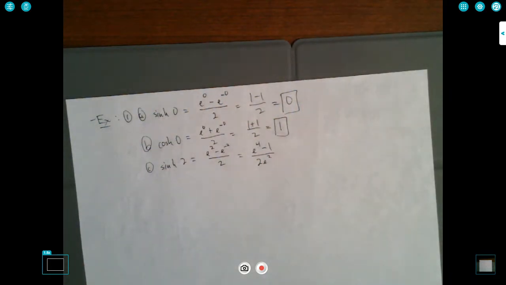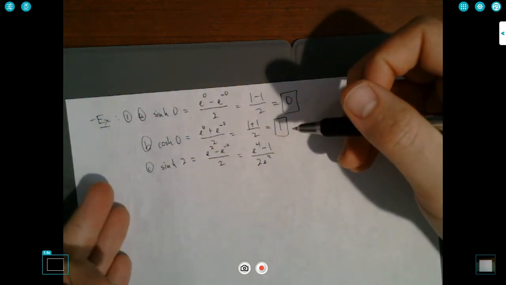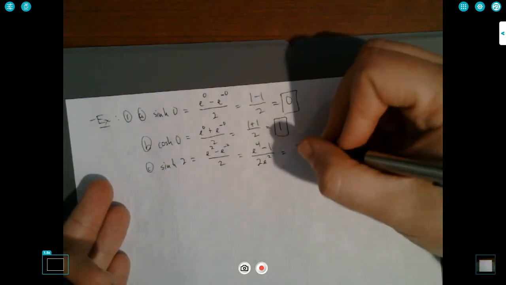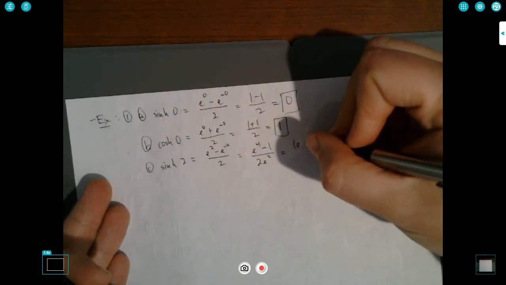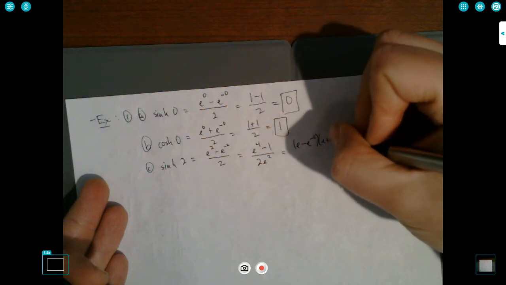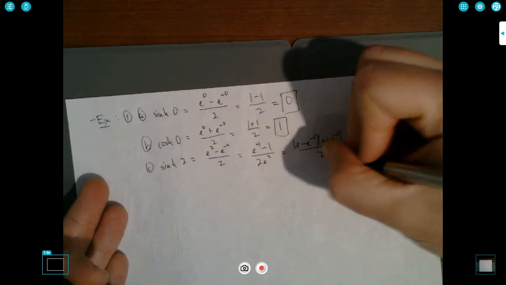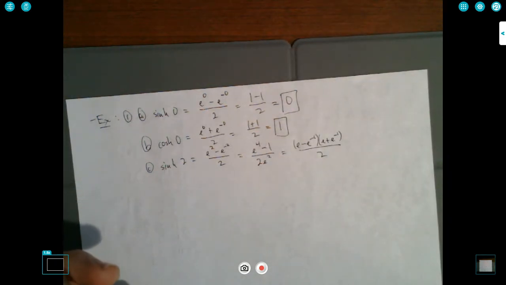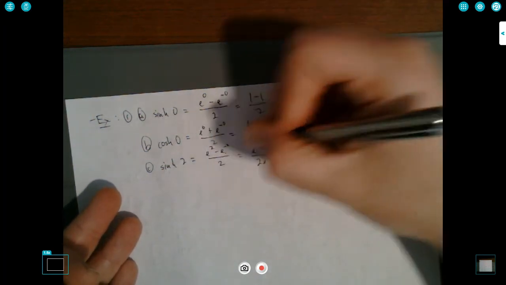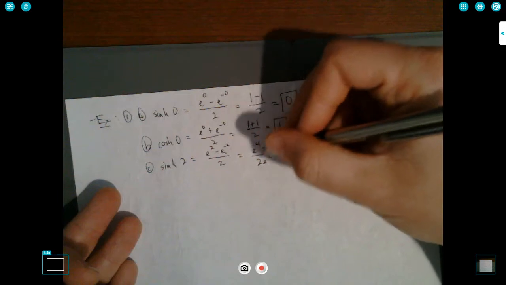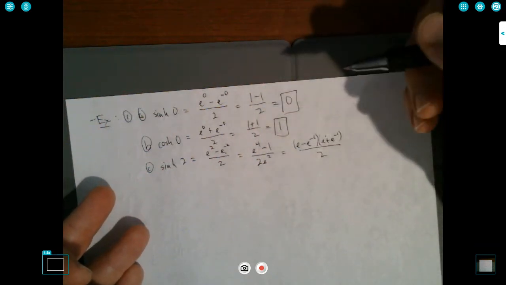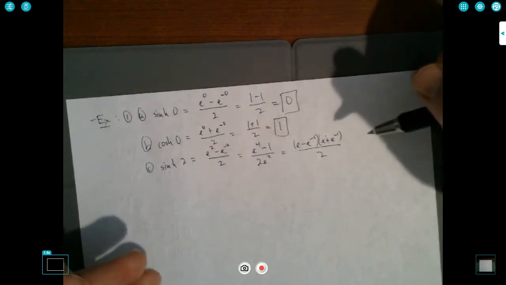And I suppose you could also do some kind of difference of squares thing: e minus e to the negative 1 times e plus e to the negative 1 over 2. There's a whole bunch of ways to think about it. If you thought of this as a difference of squares, that would be e squared plus 1 times e squared minus 1. Anyway, a whole bunch of different ways to get it.